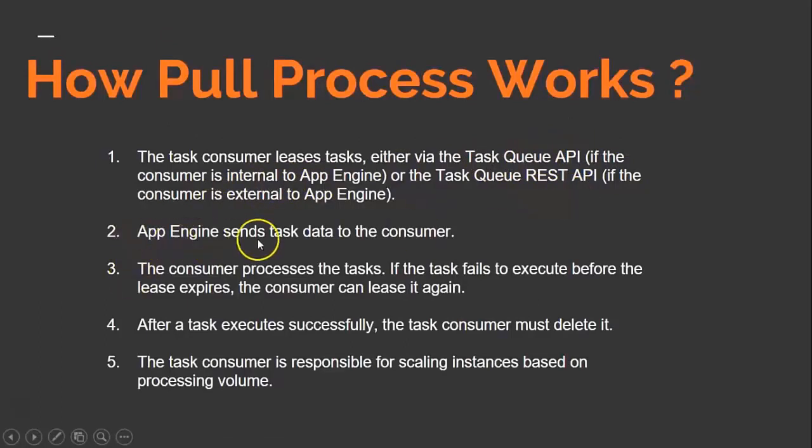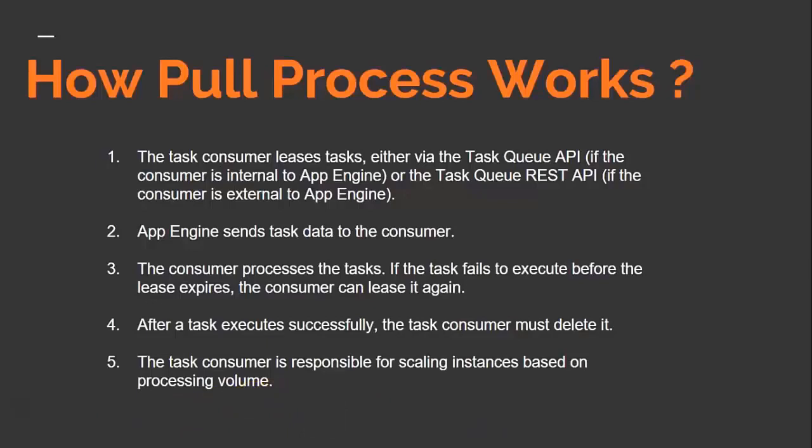Then App Engine sends the task data to the consumer, and the consumer processes the task. If the task fails to execute before the lease expires, the consumer can lease it again. After the task executes successfully, the task consumer must delete it. And then the task consumer is responsible for scaling instances based on the processing volume.